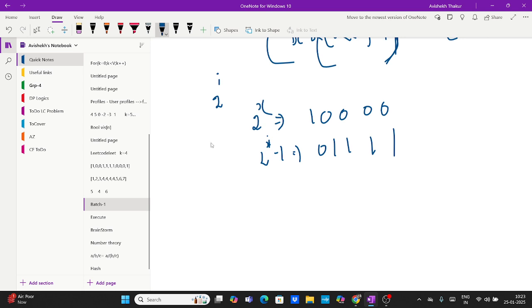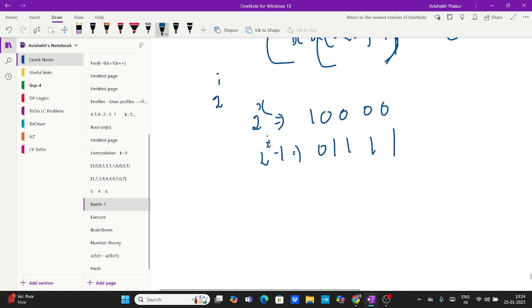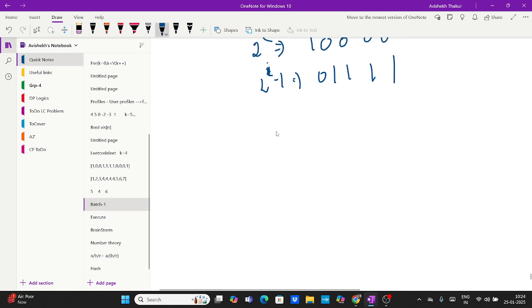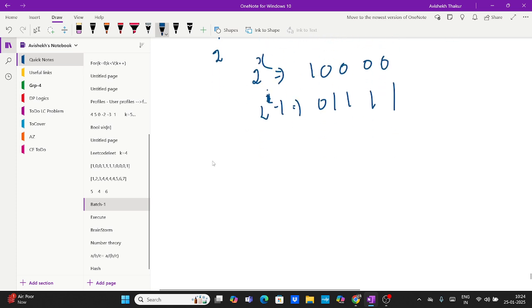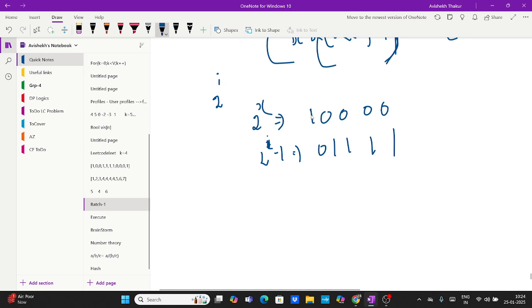If you write it on pen and paper, you will see that. It means all zeros will become one and one becomes zero, because in 2 power x, all the numbers will be in the form of 1 and a bunch of zeros every time, right? So when you do minus 1, this number will become 0 and all the other digits will become 1.